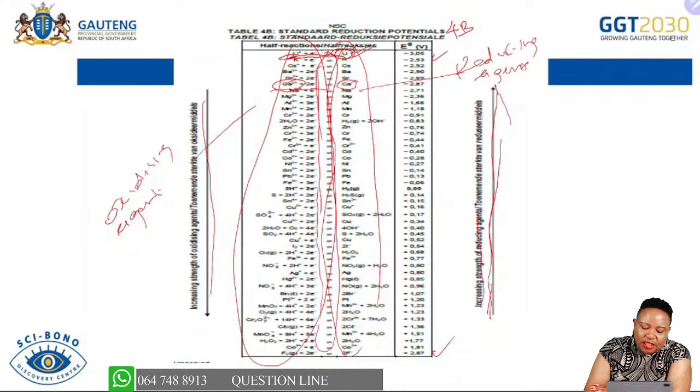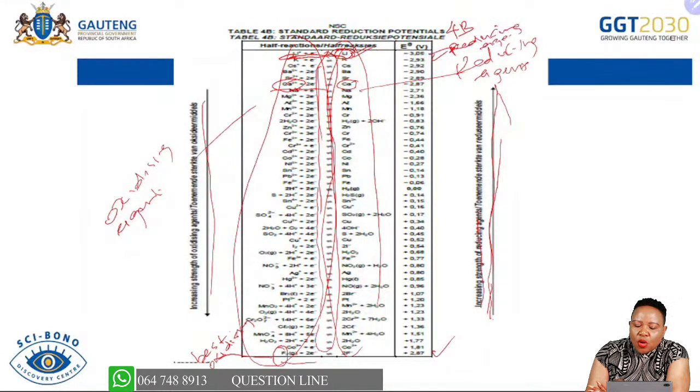And also it says fluorine, because it's the one on the left hand side and is the one that is gaining electrons, is the best oxidizing agent. So whenever fluorine is reacting with any half cell, we expect fluorine to undergo reaction.